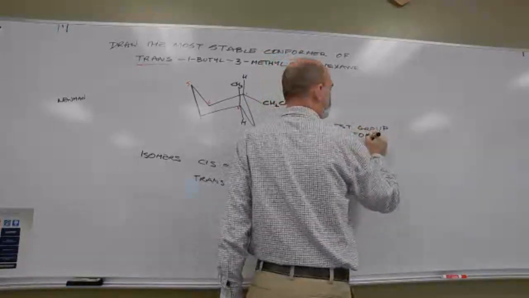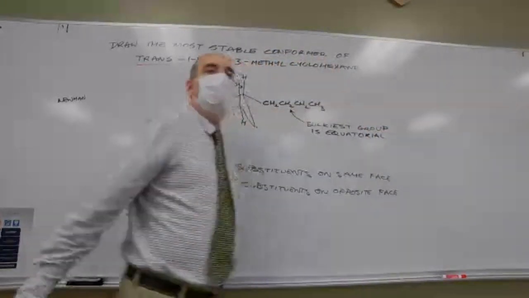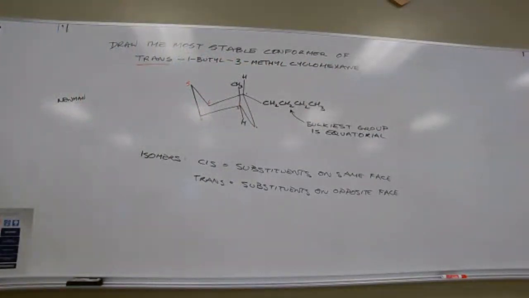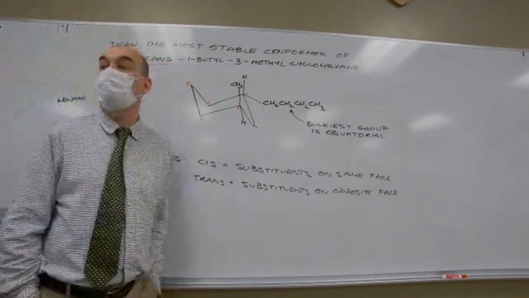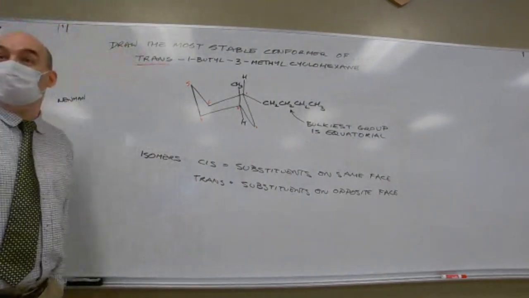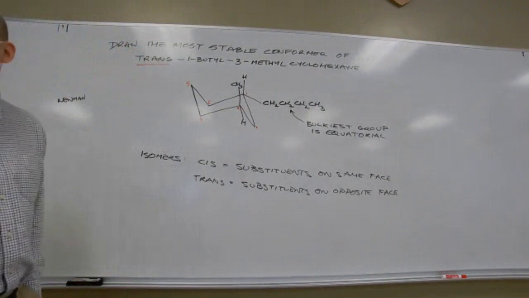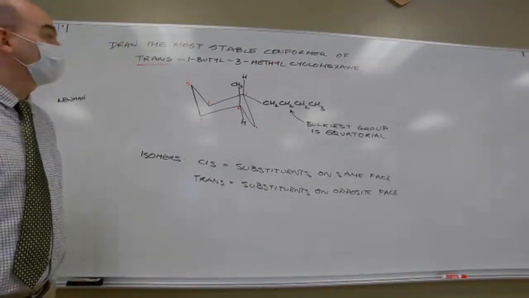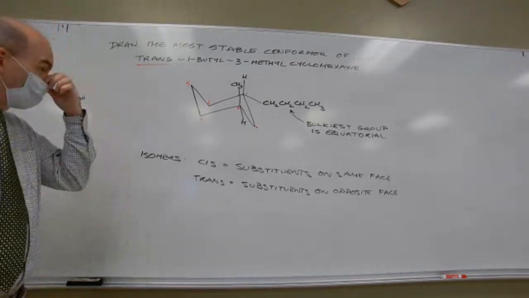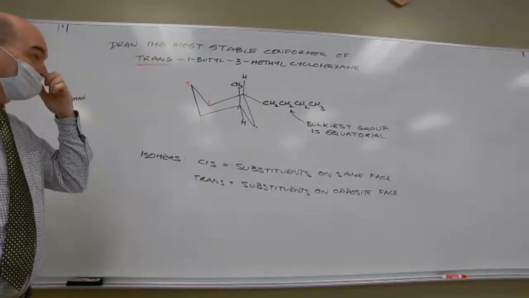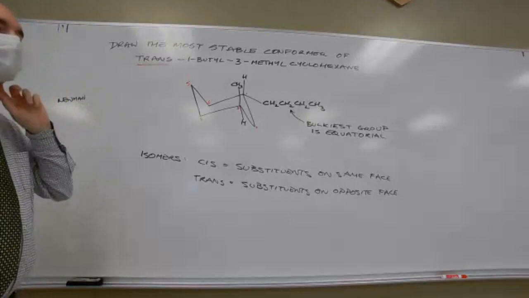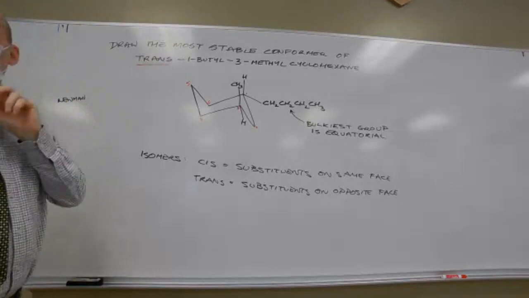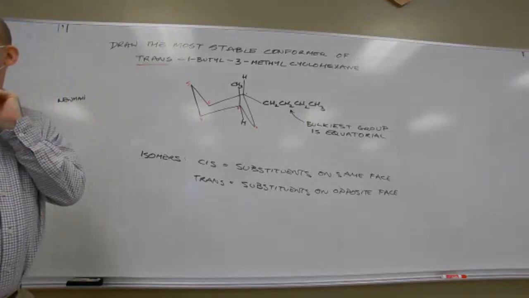So you have 2 different substituents. The biggest, bulkiest one is the one that is going to determine what everything else in the ring does. If you are told that this has a butyl and a methyl, and they're on the 1 and the 3, and they are trans to each other, that means that the butyl must be equatorial.